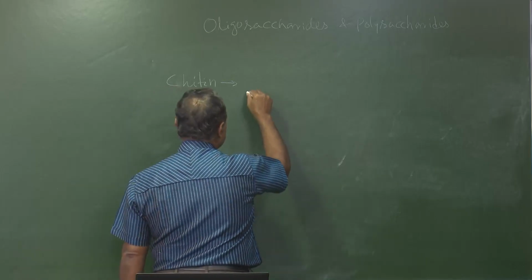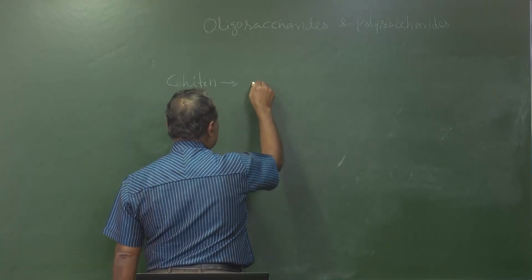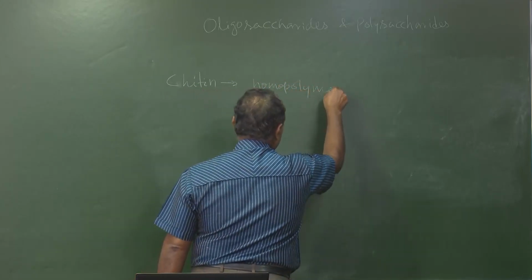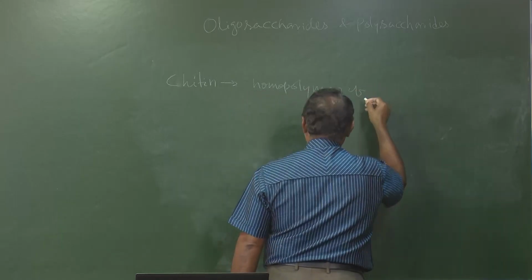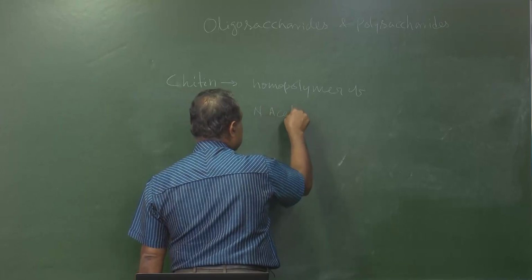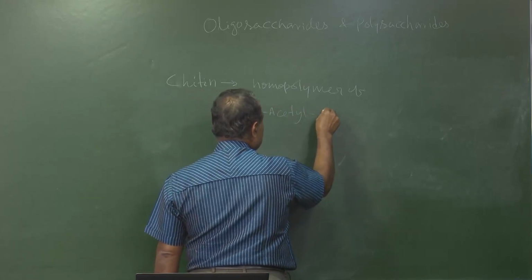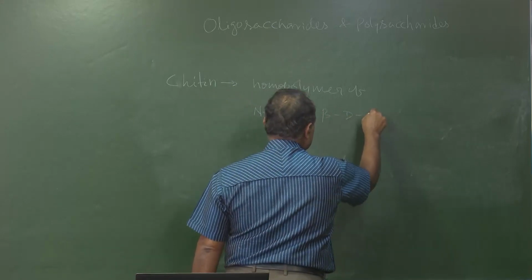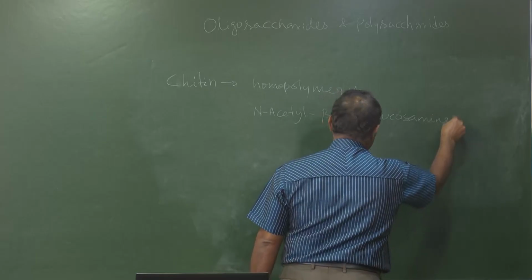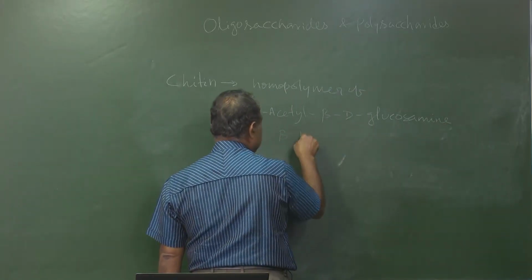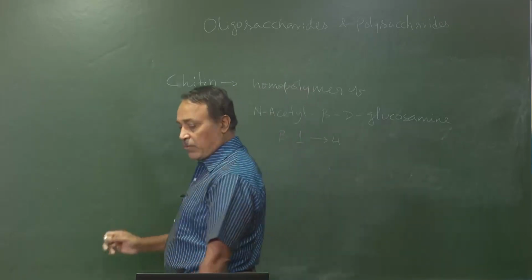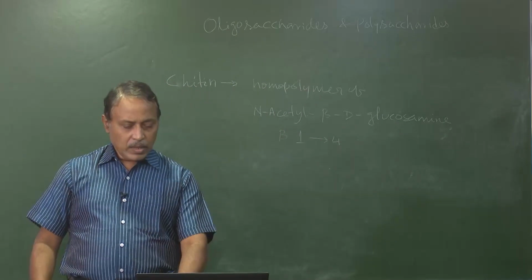This is a homopolymer of N-acetyl beta D-glucosamine. This is also joined by beta 1,4 glycosidic linkage.